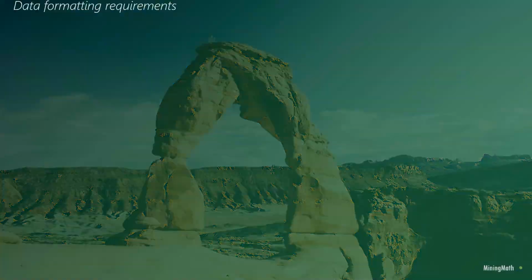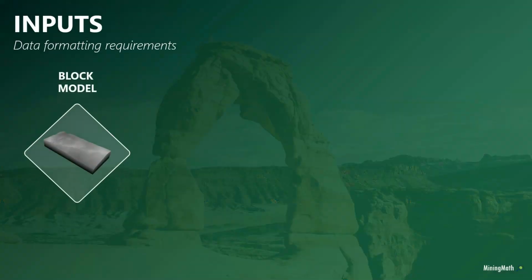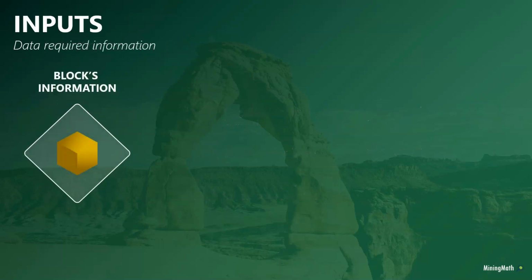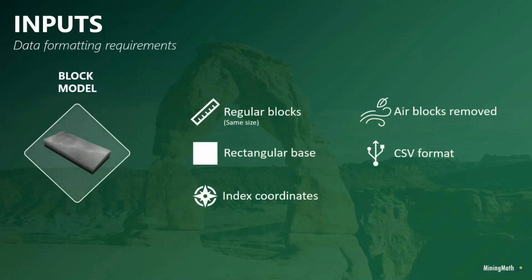Okay, so moving forward in terms of data formatting requirements, we have a few. So all we need is regular blocks. The block model should not be rotated. MiningMath doesn't allow for now the subblocks, so you need to regularize or standardize your block model.